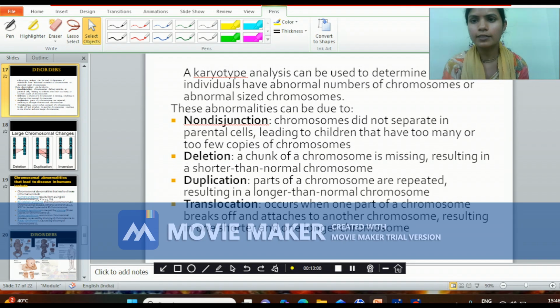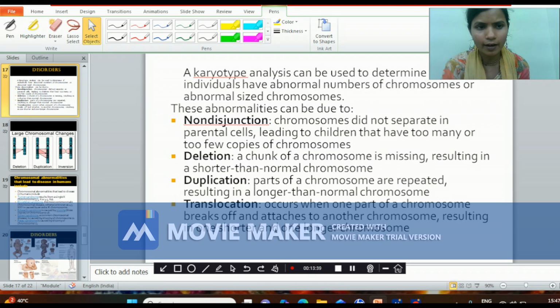In deletion, some part of the chromosome gets deleted. If there is A, B, C, D, then C, D get deleted. In duplication, A, B get duplicated, so A, B and A, B, an extra chromosome copy, is found in duplication. In translocation, some part breaks and attaches to another chromosome.